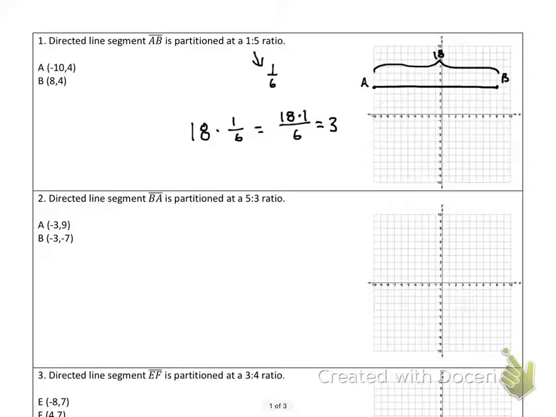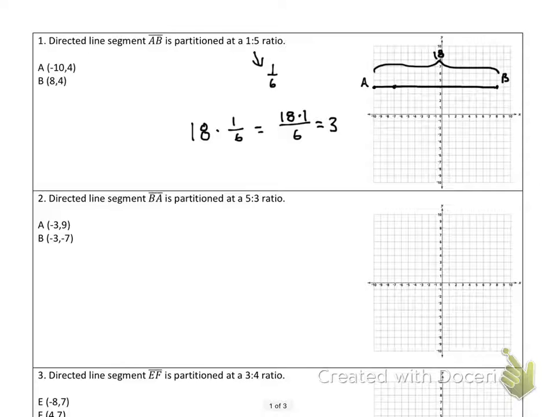Okay. So if you've got 3 going across, that's not our final answer. What we're saying is that we need to go 3 spaces away from our starting point. We need to go 3 spaces away from the starting point, and that's where we'll find our partition. So starting at A, I want to move 3 over. All right, so I'll just count over 1, 2, 3.